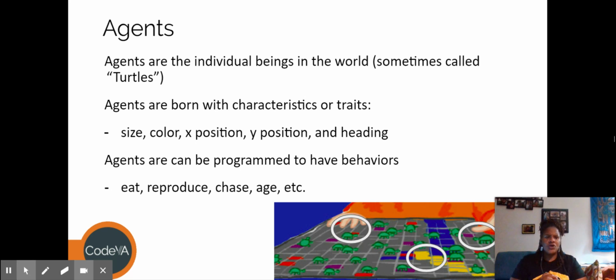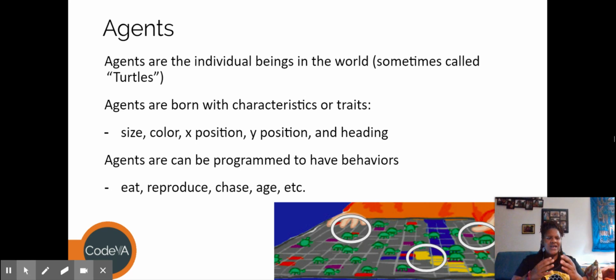So who knows? But in these different types of terrains and environments, we can also have the agents, the turtles that we talk about, behave in different manners.